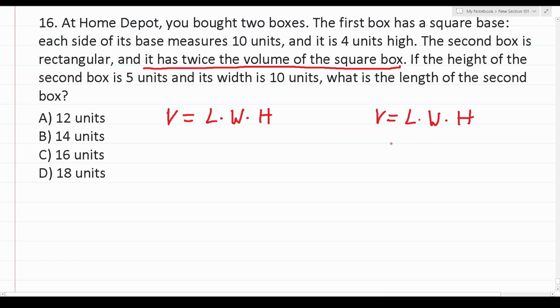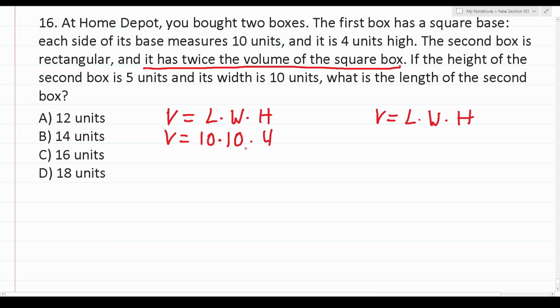All right, so let's start with this first box. We know it has a square base, and each side of the base measures 10 units. That is, the length and width of the base are 10 units. So this is volume equals 10 times 10. And what's more, we know that the height of this first box is 4 units.